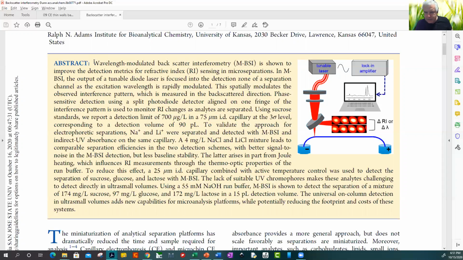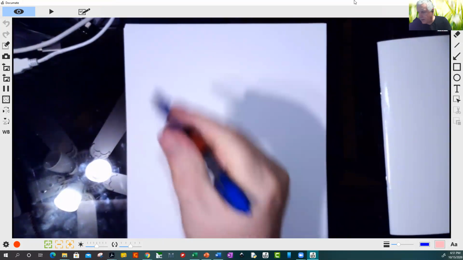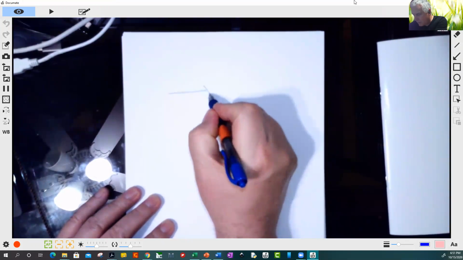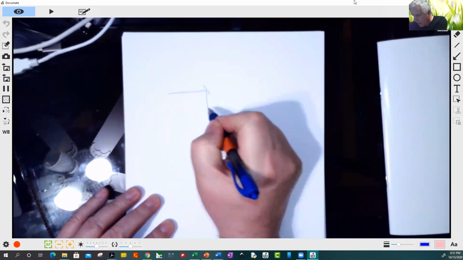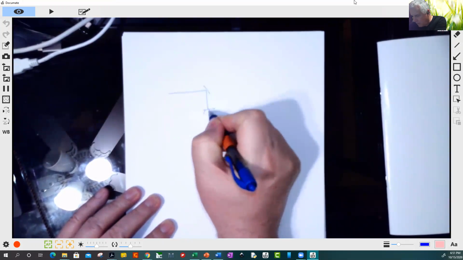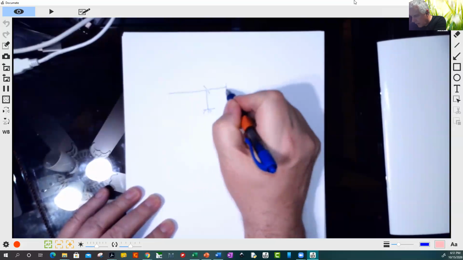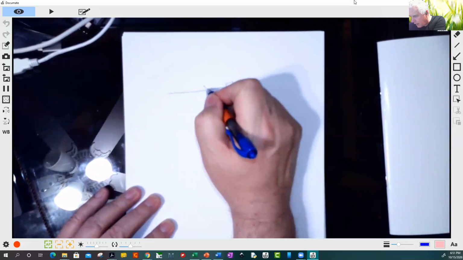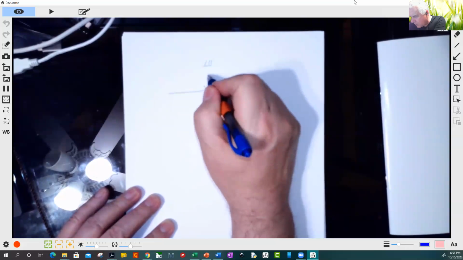You can describe them as not Fabry-Perot, but these are Michelson interferometers. The Michelson interferometer here is basically a source of light, a beam splitter, a mirror, a detector, and then a second mirror out here.